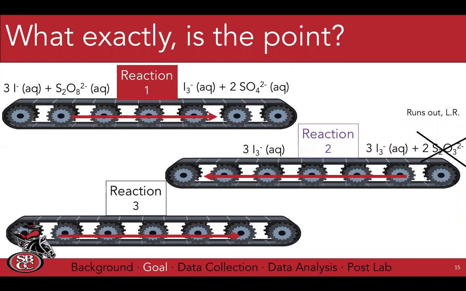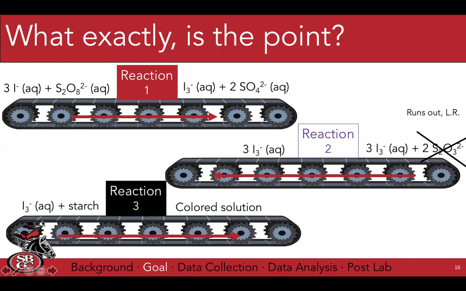Then at some regular point, because we keep the concentrations the same, we run out of our thiosulfate. And so now reaction 2 fails, and I3 minus goes in one side and it comes out the other side. So now we don't have a change, and it drops down into reaction 3, which is now triggered.